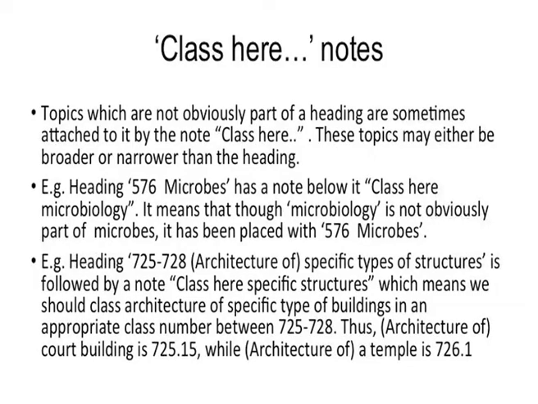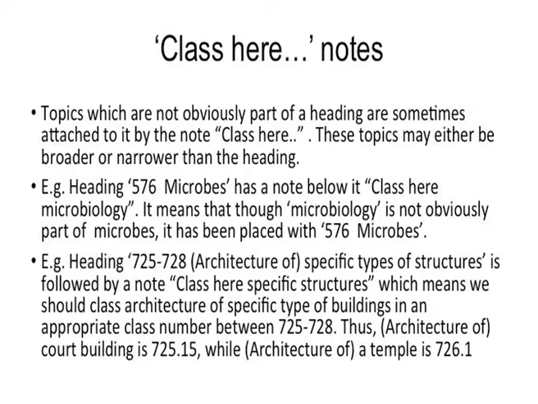The class here notes are not obviously part of a heading, but sometimes these topics are attached by a note with some heading, class here. These topics may either be broader or narrower than the heading, but they have been included with this heading by giving a note, class here.